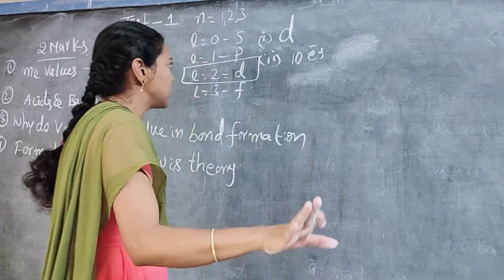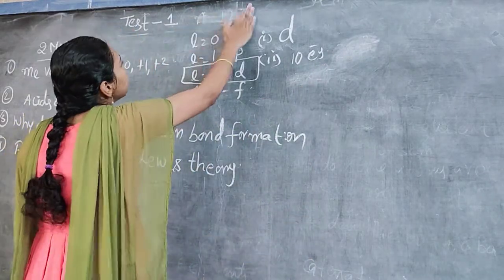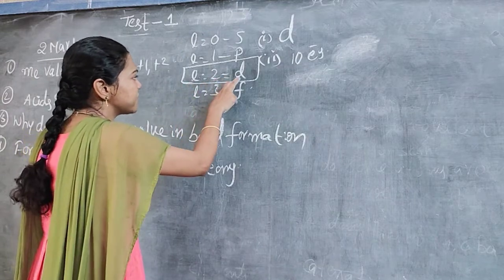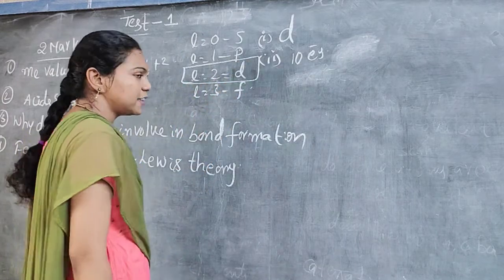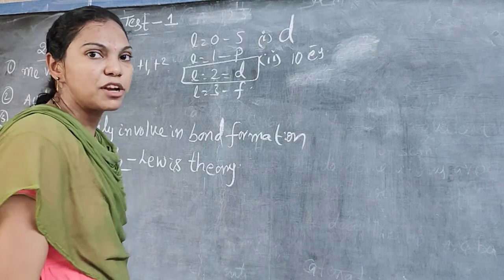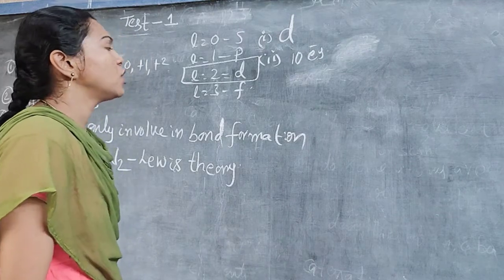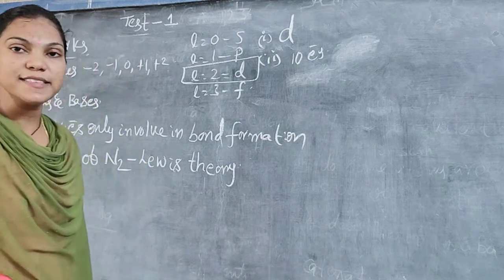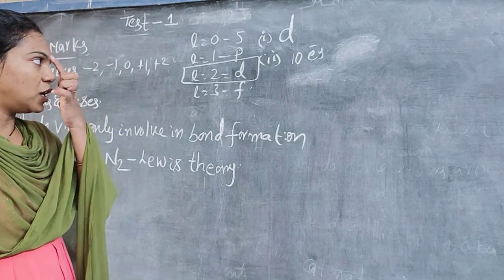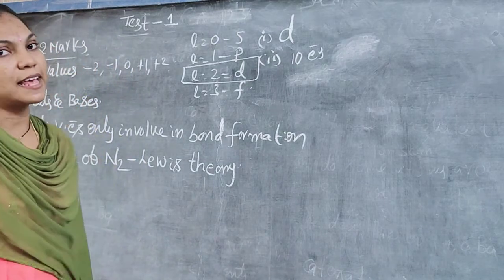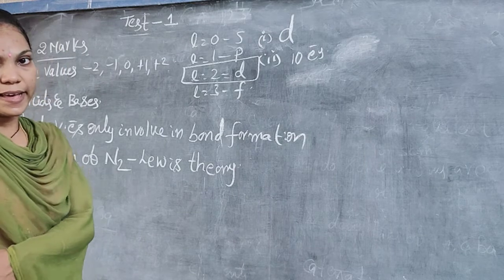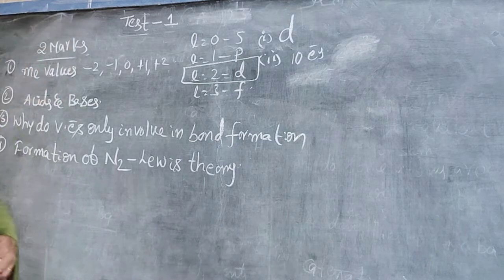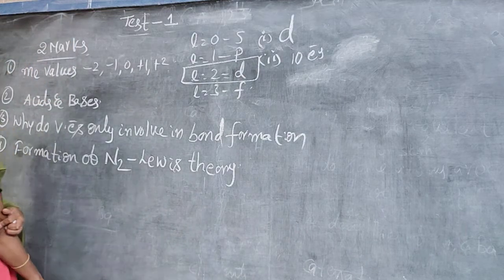So with this, the value of l equal to 2 means the subshell is d. We know the maximum capacity of the d subshell is 10 electrons. In the s subshell only 2, in the p 6 electrons, in the d 10 electrons, in the f 14 electrons. That is the first 2 marks question.